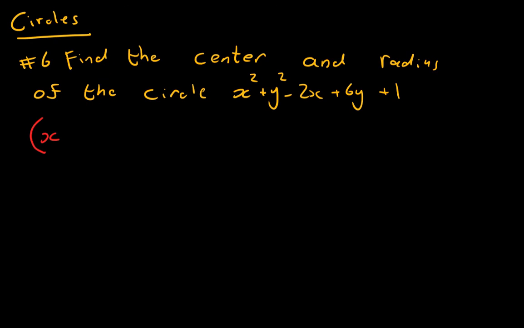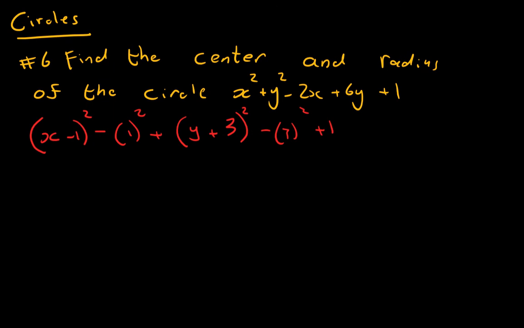So we get x. We're going to add on half the coefficient of x, subtract half the coefficient of x squared, add on half the coefficient of y, subtract half the coefficient of y.